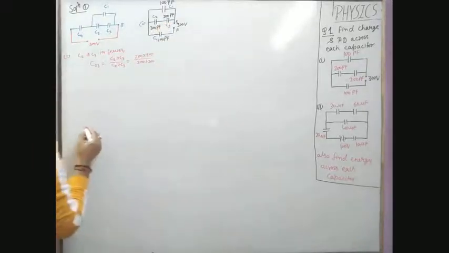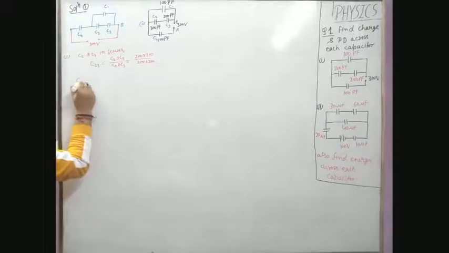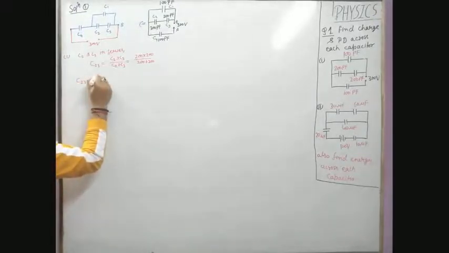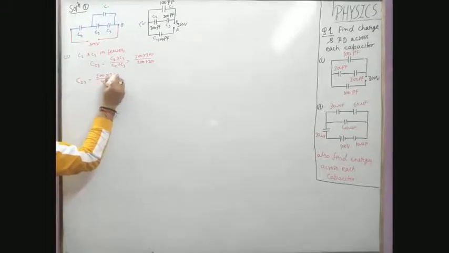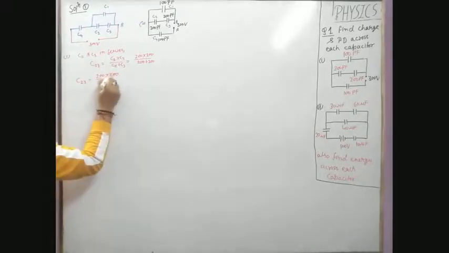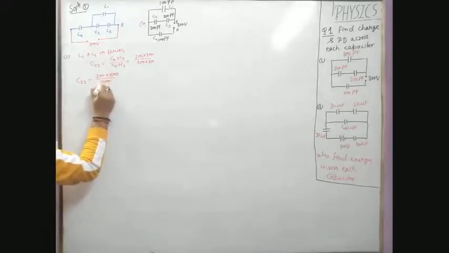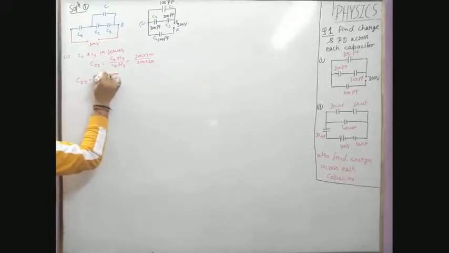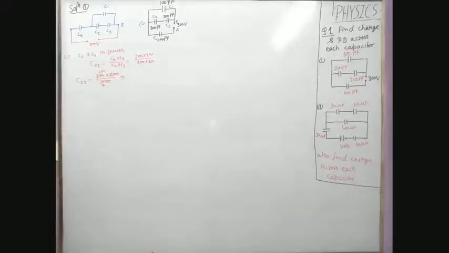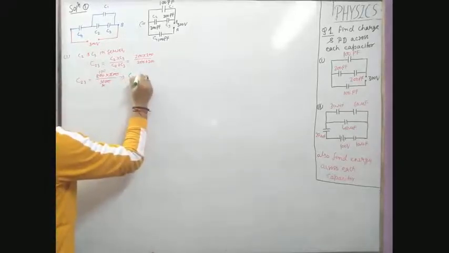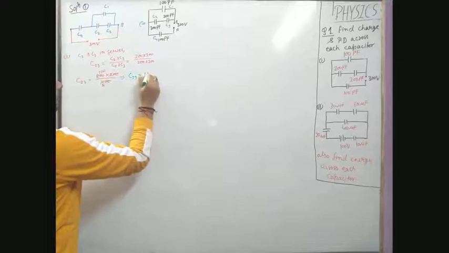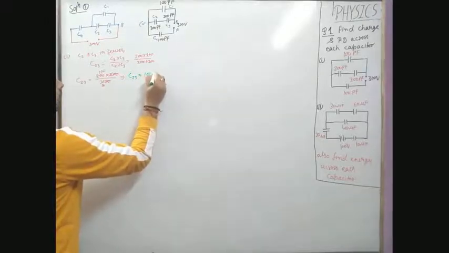Okay, then we get C23 is equal to 200 into 200 upon 400. Here these two zeros are cancelled, and this is cancelled by 2 times, this by 100 times. Therefore you will get C23 is equal to 100 picofarad.